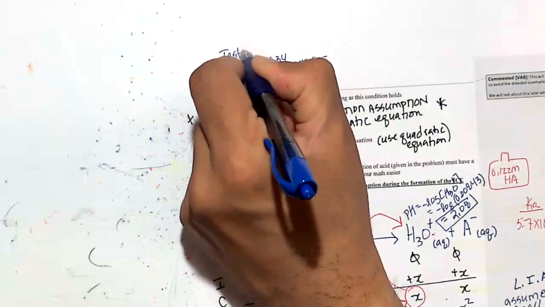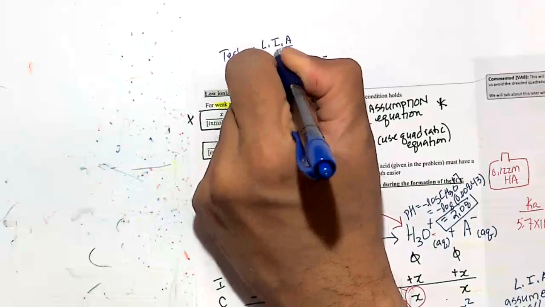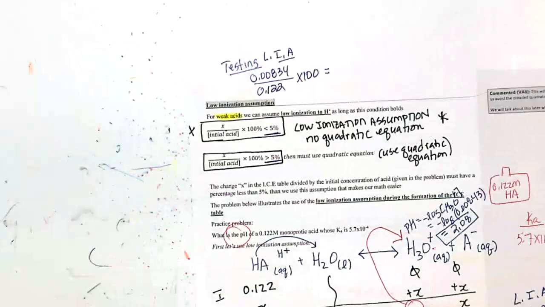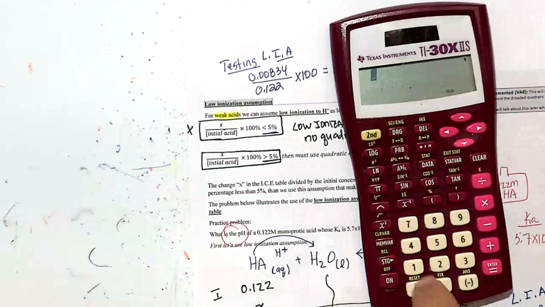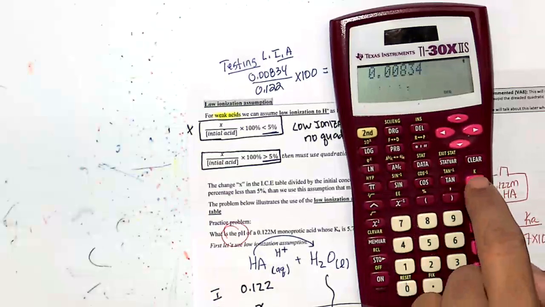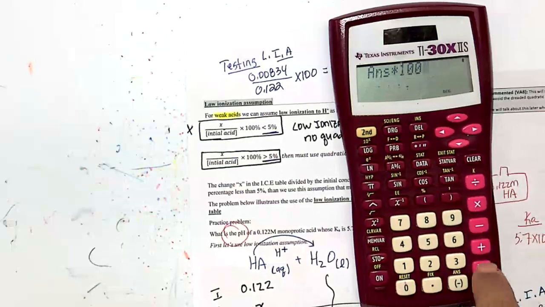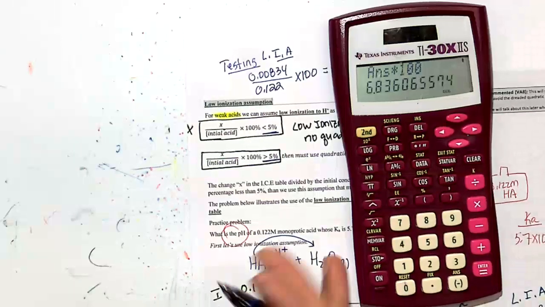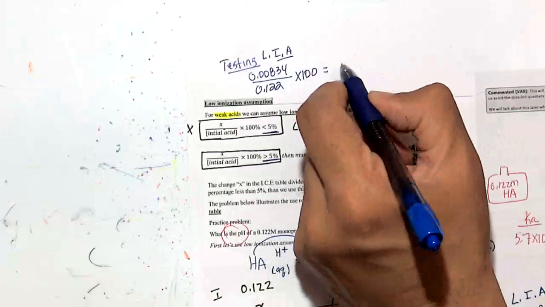So I'm writing here, testing low ionization assumption. Testing our assumption. 0.00834 divided by 0.122. It's 6.8%. So did we pass?